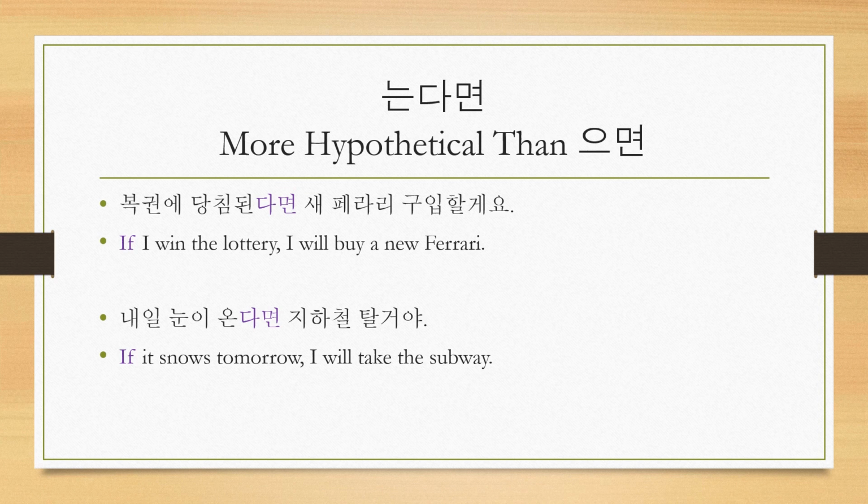So if you're living on the south coast of Korea and you're saying if it snows tomorrow I'll take the subway, you're showing it's a very hypothetical situation. It's not likely to happen. It doesn't really snow much in Korea generally, let alone in that place. So if it snows tomorrow, which it probably won't, I'll take the subway.